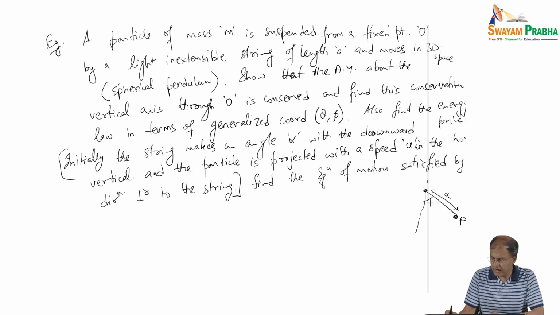So we have the angle it makes with the vertical, theta, and let's say this is the circular plane, a slice of the sphere, and then there is this tension which is along the string, and then we have v theta, and v phi, which is the tangential direction, and we have v rho.